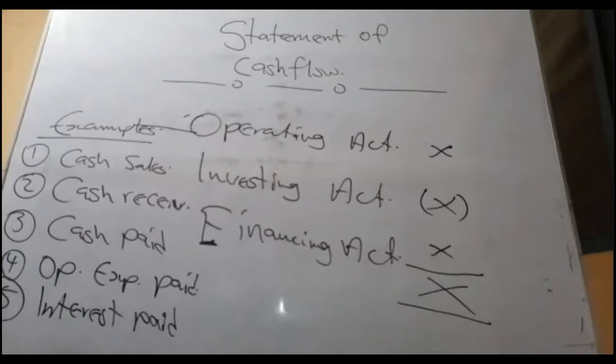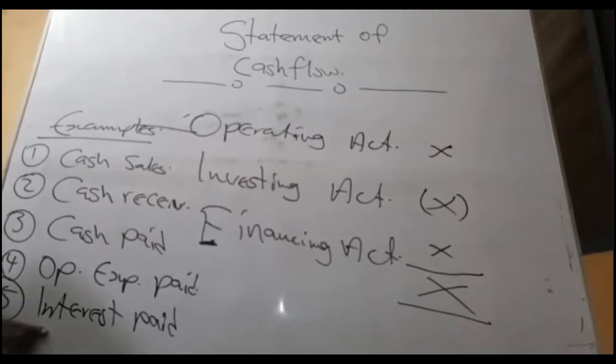Just that if the examiner does not inform you, you have two positions, financing or operating, but you can include it in operating activity. That is it. We might not tell you the trading activity of the entity. We just mention a limited company. We are not going to tell you the activities.